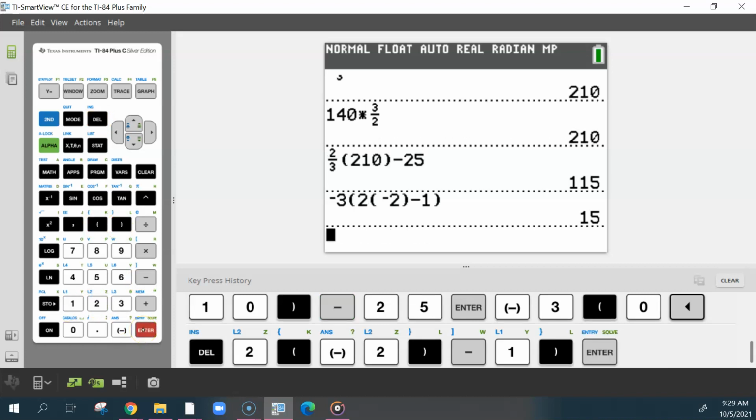So when we put that in to check it, we do get 15. So I'm just going to write off to the side 15 equals 15, and then this works.